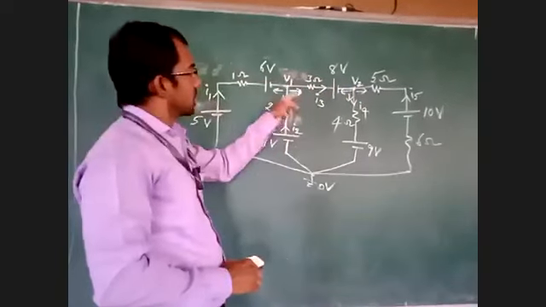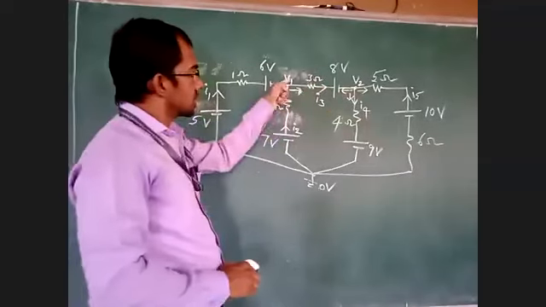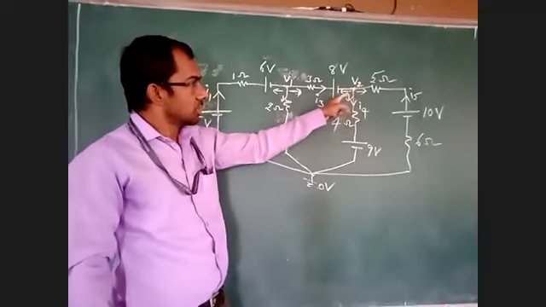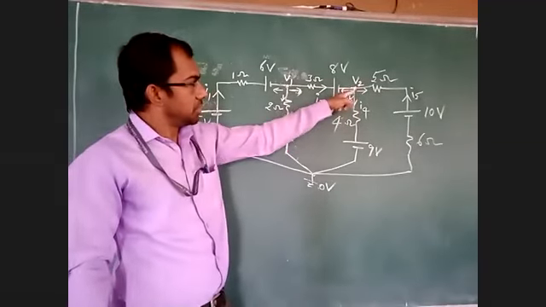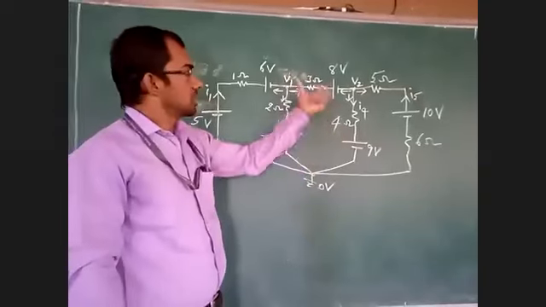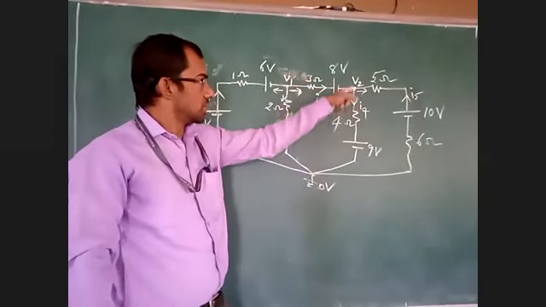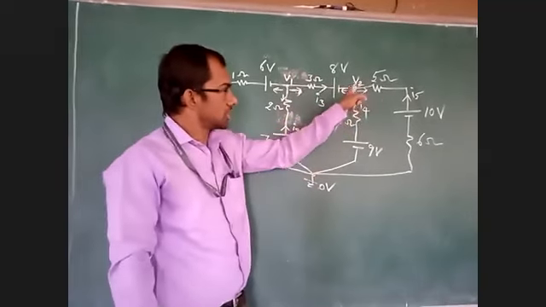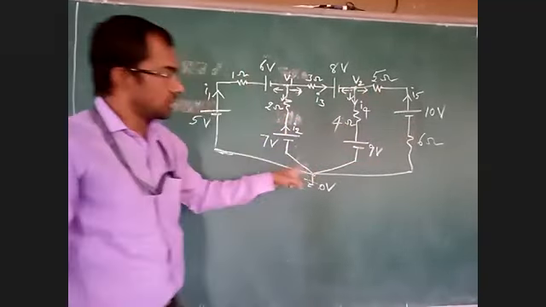If you are considering this arrow like this, V1 is at higher potential, V2 is at lower potential. If you are considering this node equation, then you have to consider V2 minus V1. This arrow is moving from V2 to V1. Now this arrow is clear. In between V2 and 0, this arrow is moving. This arrow is also clear, from V2 to 0.